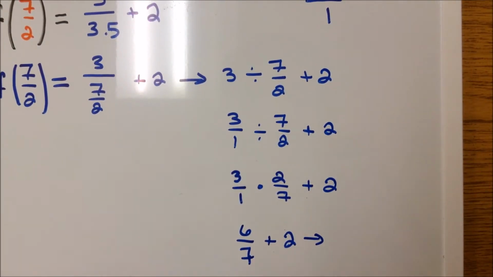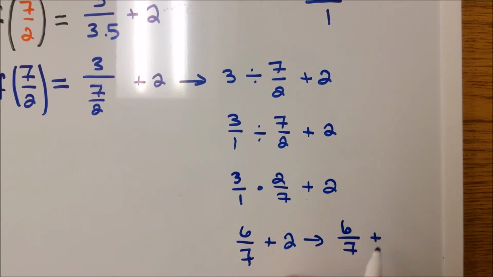We need to convert this into a fraction, now, with a denominator of 7. So a number divided by 7 that equals 2. Well, instead of saying it that way, what's 2 times 7? 14. So let me write 6 over 7 plus, again, 2 times 7, that's 14.